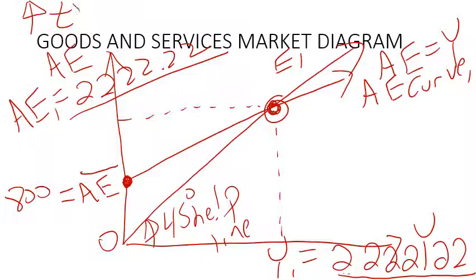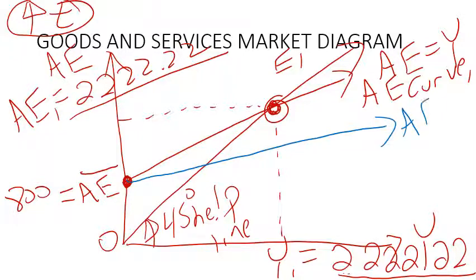Now, how do we deal with this increase in the personal income tax rate? Let me switch colors. Let me switch to blue. So, when the personal income tax rate increases, we would represent graphically this change as a downward shift of the AE curve. So this blue curve becomes AE curve 2, right?